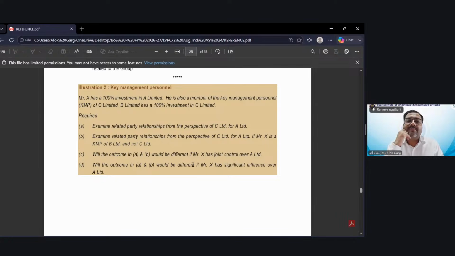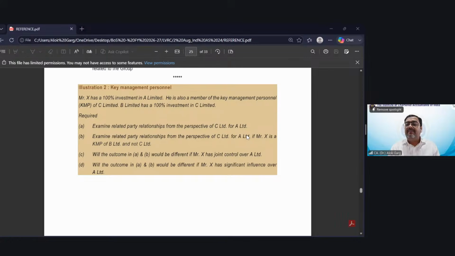B Limited has a 100% investment in C Limited. So who is the KMP of C Limited? Mr. X is the KMP of C Limited, and he also controls 100% of A Limited. So C Limited and A Limited will become related parties. Of course, yes.